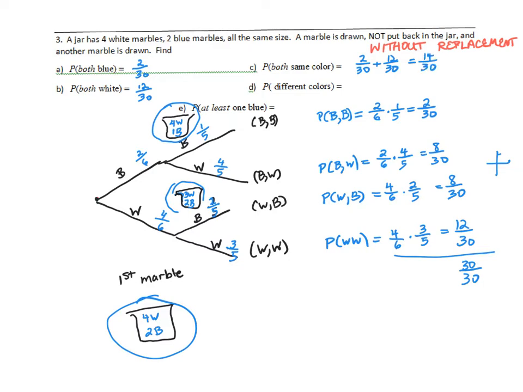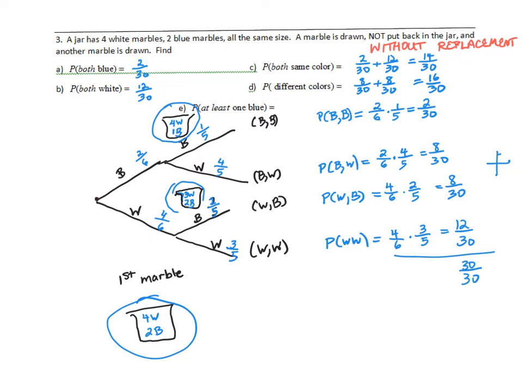And the probability that there would be different colors would be blue-white or white-blue. And again, either one is fine. So that would be 8 plus 8 out of 30. And again, this is a problem without replacement.